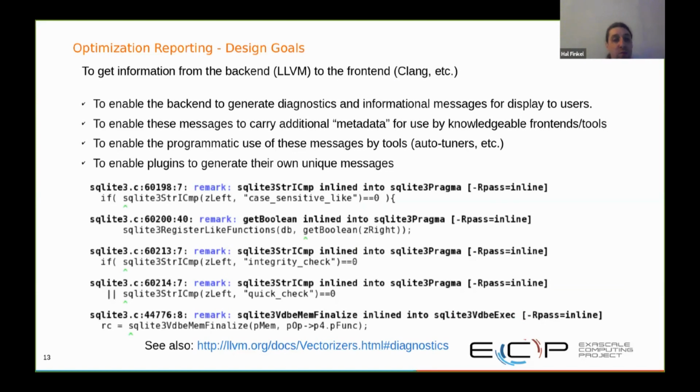Here I have on the screen a demonstration of optimization remarks being produced and displayed to a user. But these messages are also serialized into YAML. There's an API that can be used to collect them via callbacks. And so if you have a tool that's using LLVM, you can also use these optimization remarks and that metadata in order to drive adaptivity within the larger application.